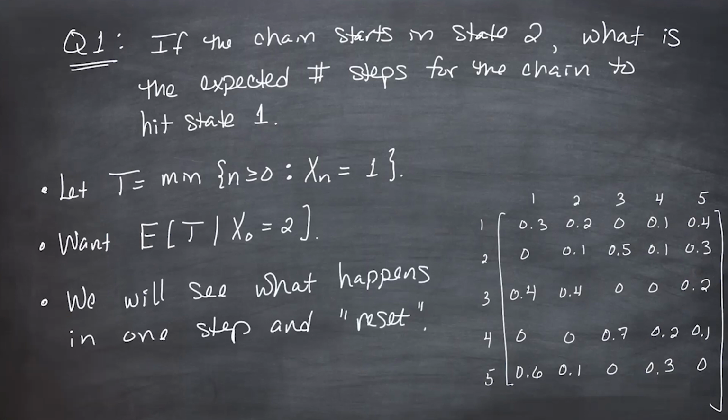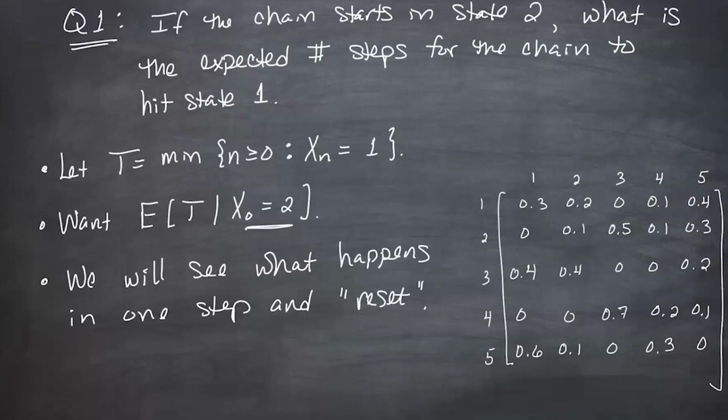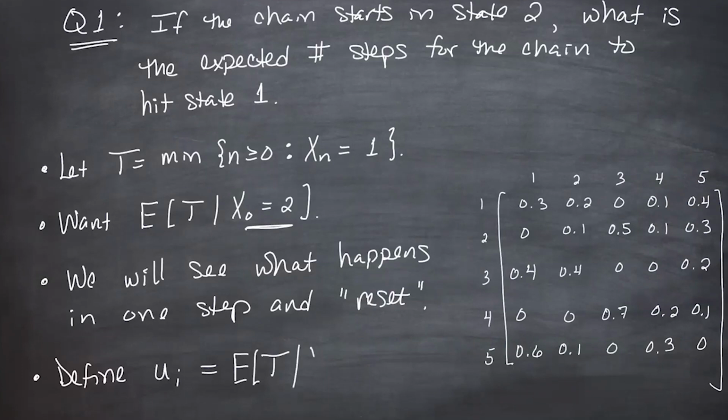Now, because of this, we're going to be looking at many different starting values, not just a starting value of 2. So I'm going to define something right here. I'm going to call a variable u. You can use whatever you want. I use u because it kind of looks like a mu and it kind of looks like an expectation. I'm going to let this be the expected time until we hit state 1, given we started at state i.